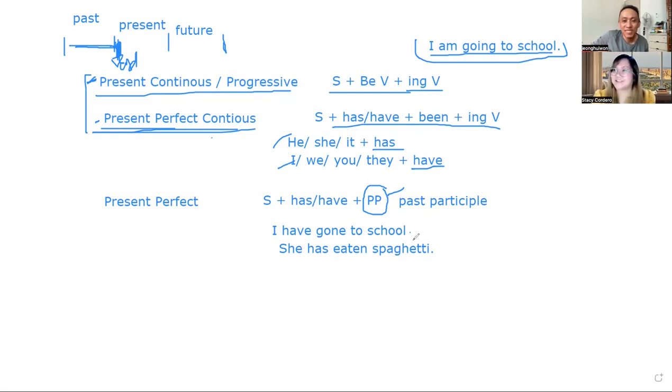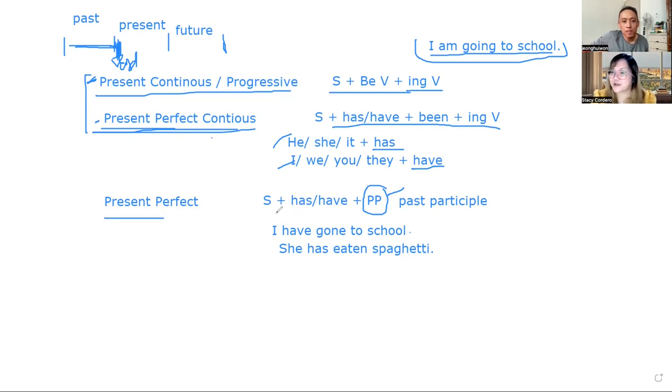Yes, that's true. That's correct. So she has just eaten spaghetti. Maybe she just finished eating. And then you can still smell the spaghetti probably on her clothes or when she talks, right? That is present perfect. Very good.